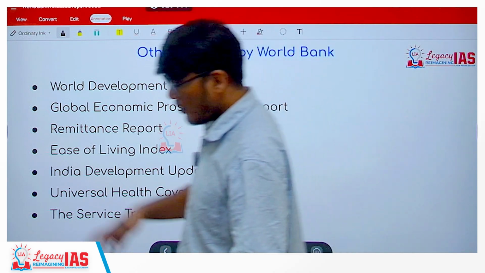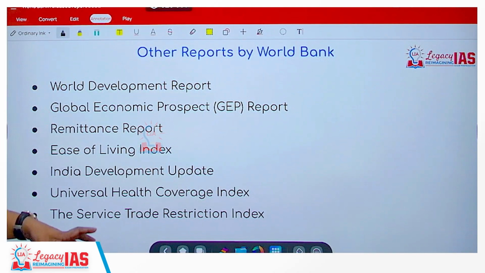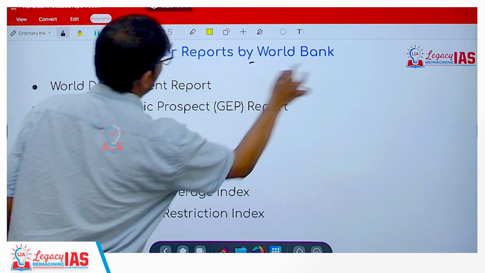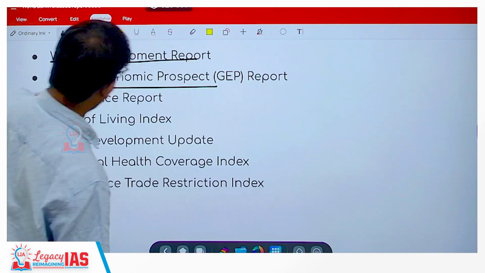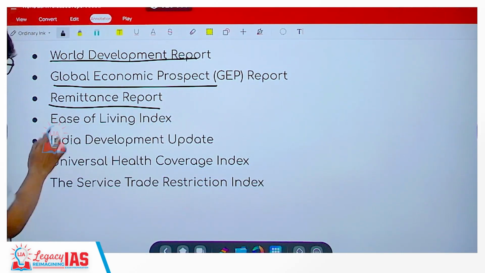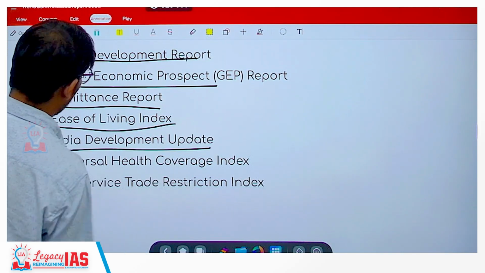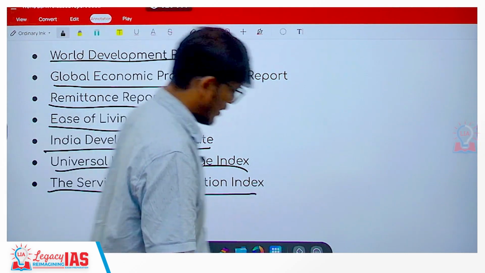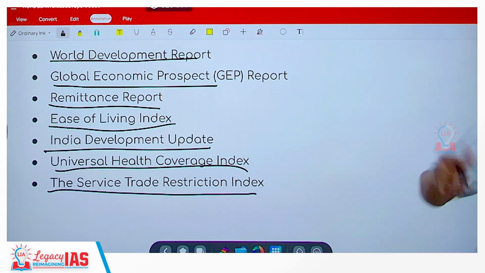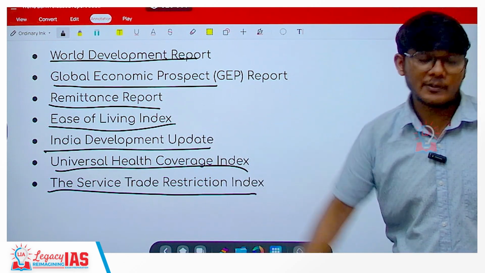Now, we have talked about this report. Now let us have a quick look at other reports which the World Bank brings out. World Development Report, Global Economic Prospects Report, Remittance Report, Ease of Living Index, India Development Update, Universal Health Coverage, Service Trade Restriction Index. All these are the few important reports of the World Bank which it brings out.